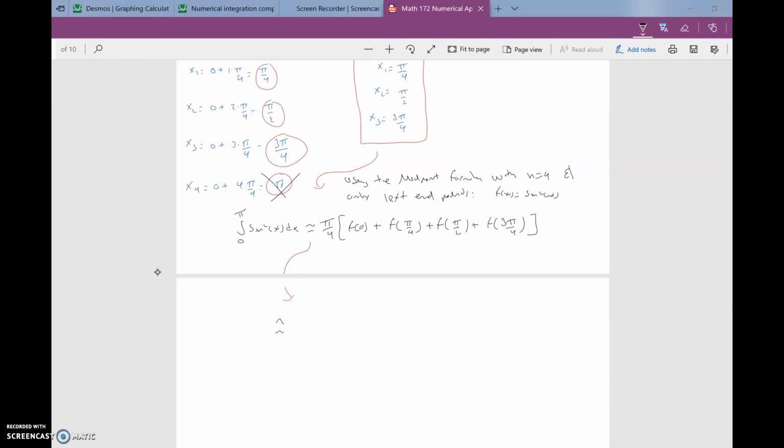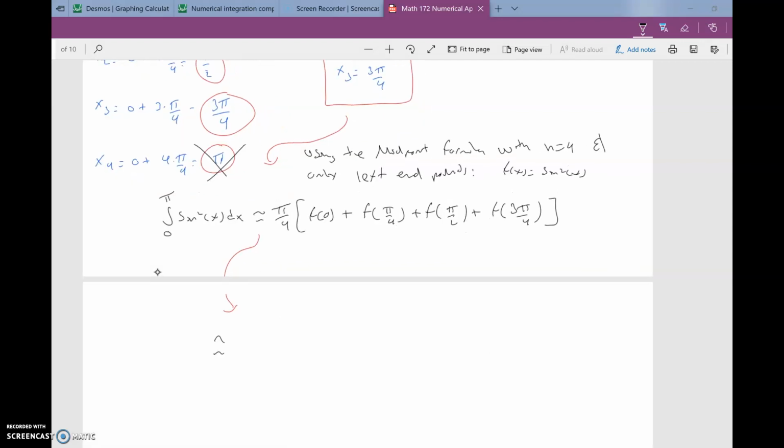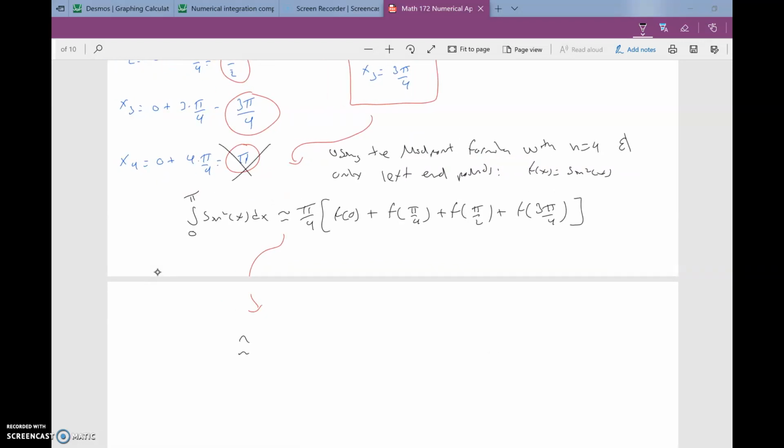Okay, so let me actually punch them into the calculator. We're going to get a bunch of decimal approximations. So the pi over 4, rounding to 4, I'm getting 0.7854. I'm carrying technically 4 decimal places.